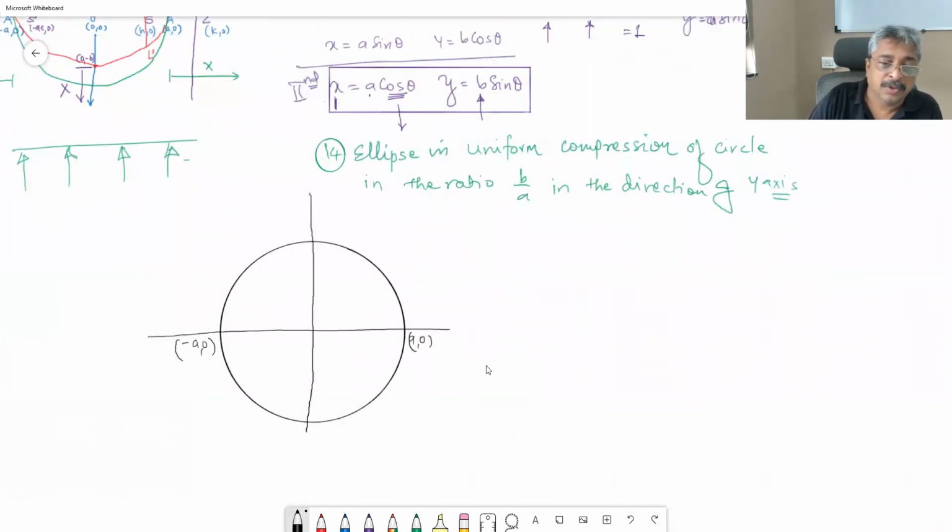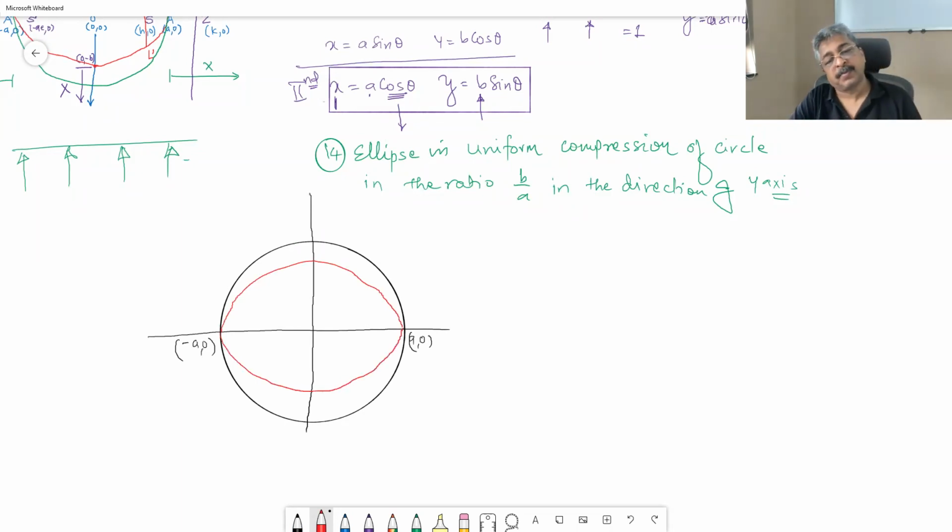Now, let me draw the ellipse. Ellipse is something like this. And then we are saying that it's a uniform compression. The corresponding point on the circle will be a cos theta comma b sin theta. Understand this.